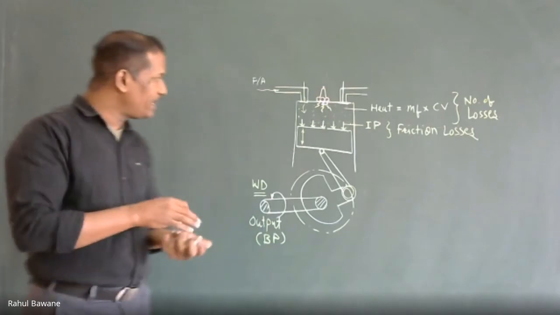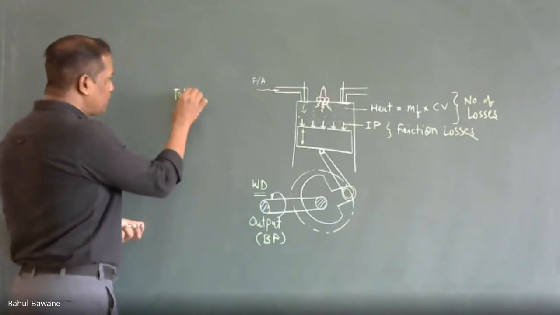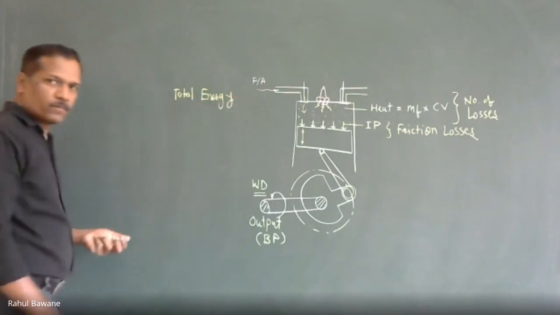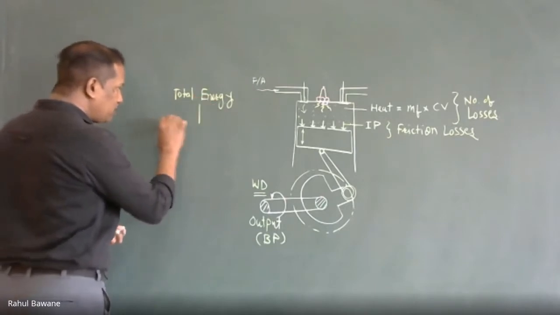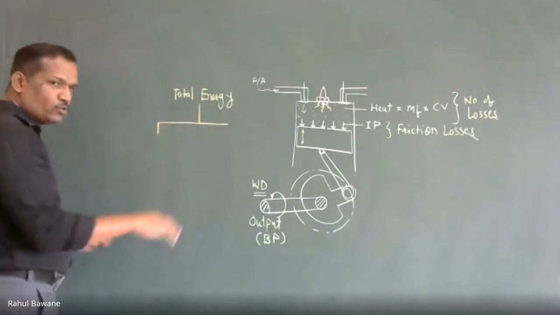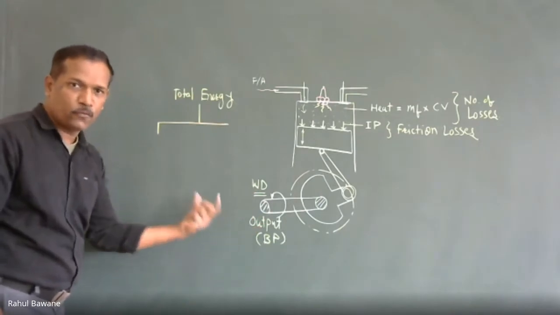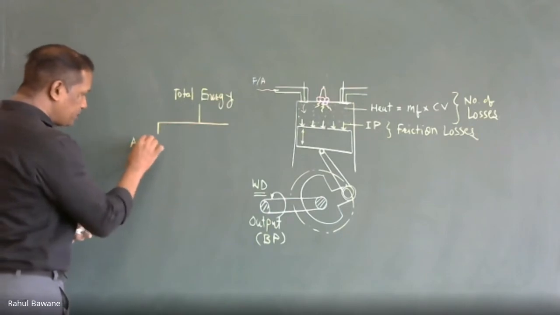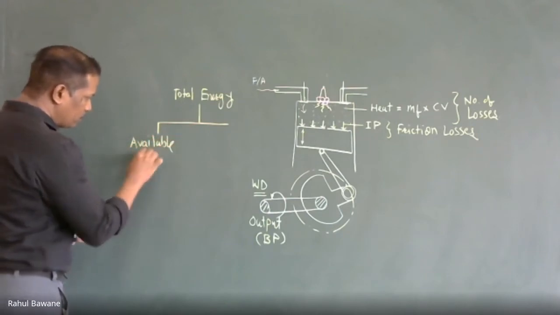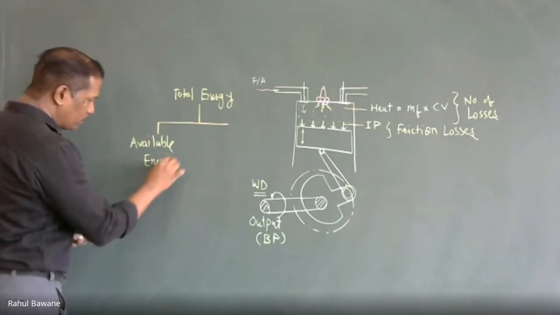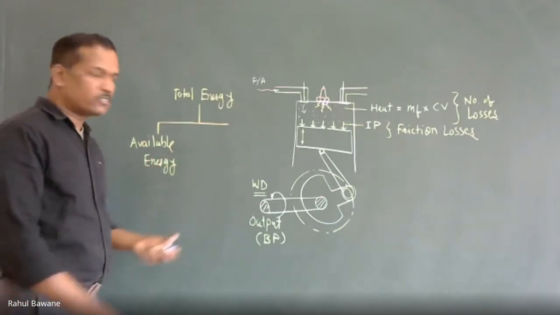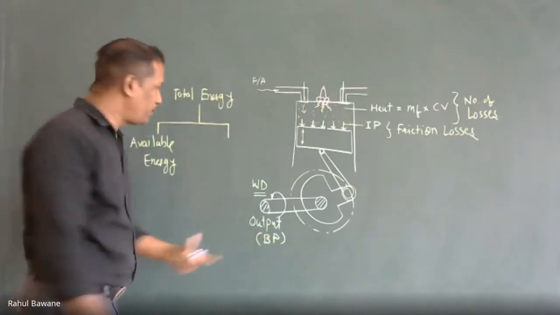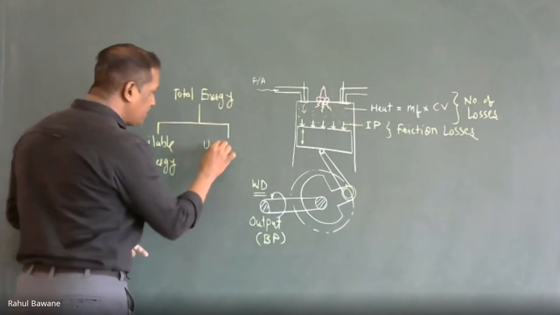Out of the total energy, some portion is converted into useful work, that is available energy. And the remaining portion is not available to convert into useful work, and that is called unavailable energy.